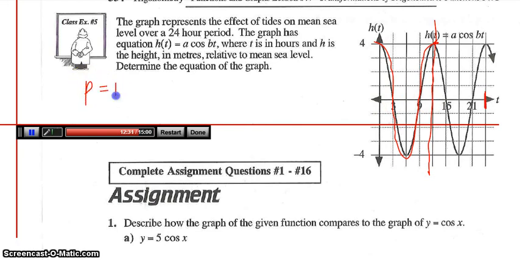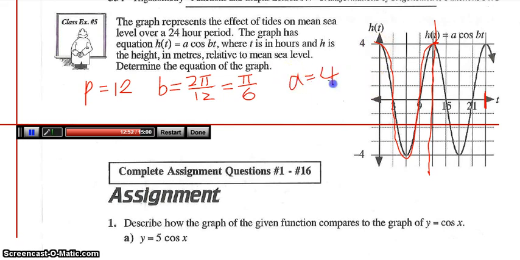Period is 12. Then what's the B value? It's 2 pi over P. So your B is pi over 6. No one says B cannot be a number that has a pi involved. And what's A? It goes up to 4, so A is 4.